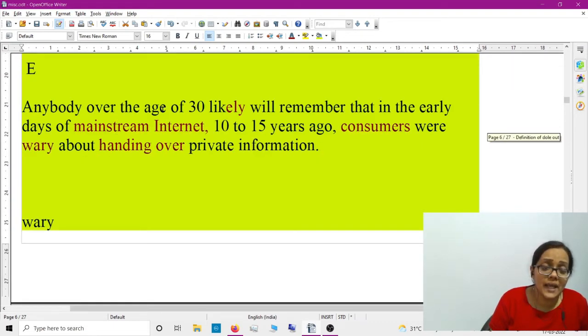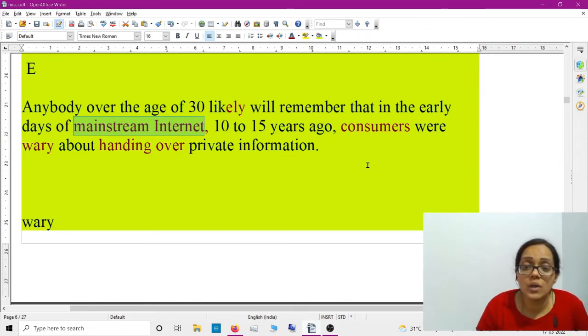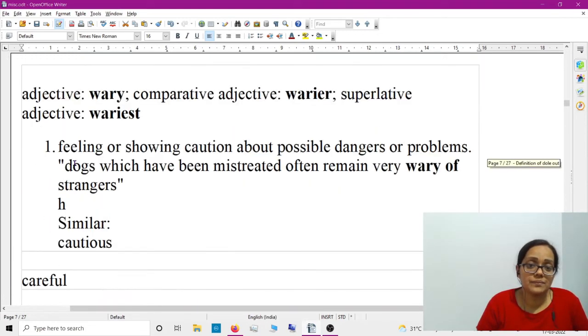Anybody over the age of 30 likely will remember that in the early days of mainstream internet, communications channels, social media platforms, forums, 10 to 15 years ago consumers were wary about handing over private, personal information.